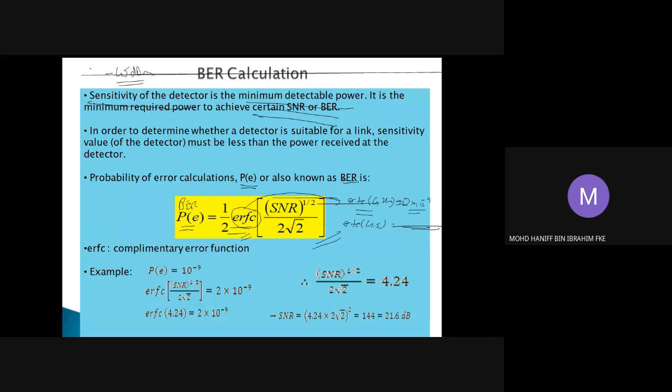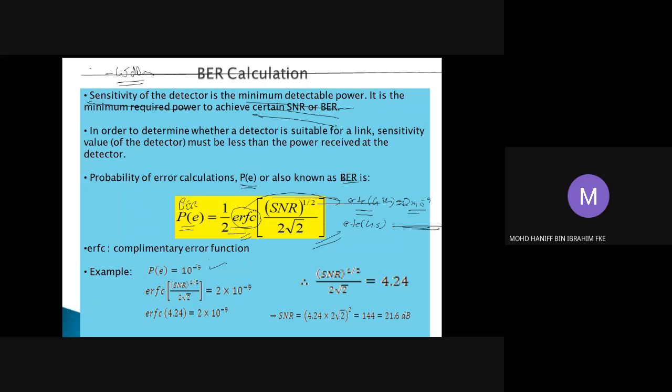For instance, if your BER is 10 to the power of negative 9, we know from this equation that the 2 can be brought to the left hand side, so we have 2 times 10 to the power of negative 9. That leaves us with ERFC of the square root of SNR divided by 2 times the square root of 2.